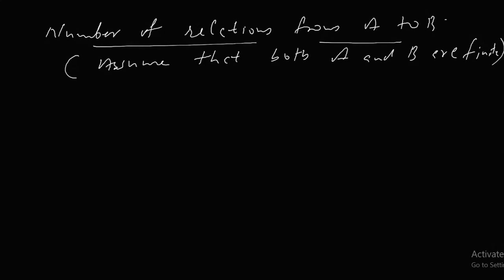If either one is not finite, then A cross B will contain infinitely many elements, so the number of subsets will again be infinite.